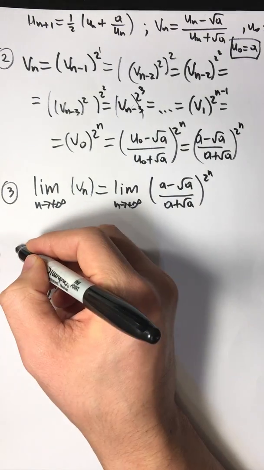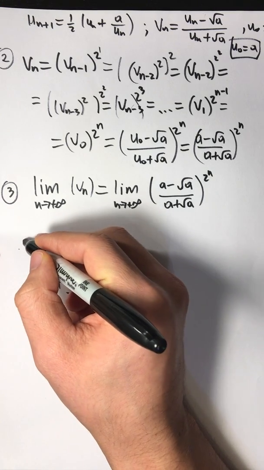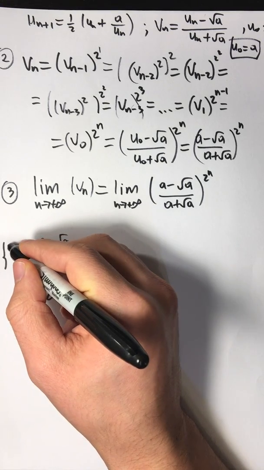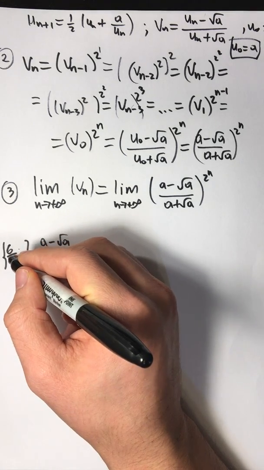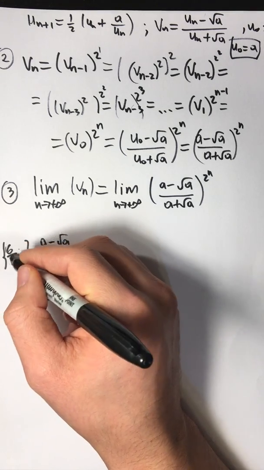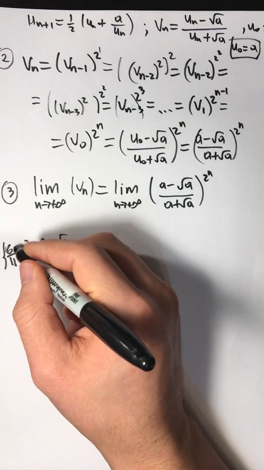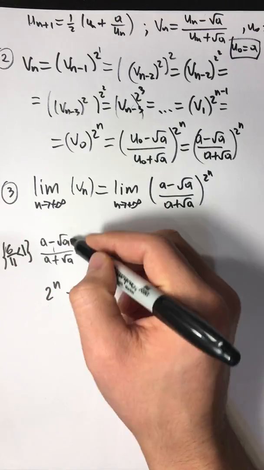For example, here you don't need to write it on your final worksheet. If you have 6 and here 11, the numerator is less than the denominator. It means this is less than 1. It's the same thing here.